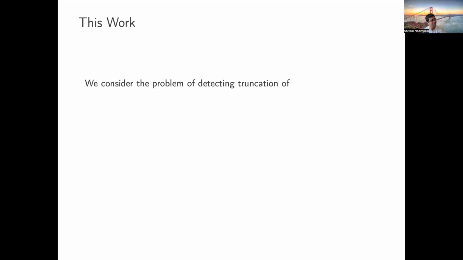In this work, we consider the problem of detecting truncations of hypercontractive product distributions. I'm not going to formally define what these distributions are, but I just want to say that hypercontractivity is a very standard, very natural property. It's used especially in Boolean function analysis and related areas.